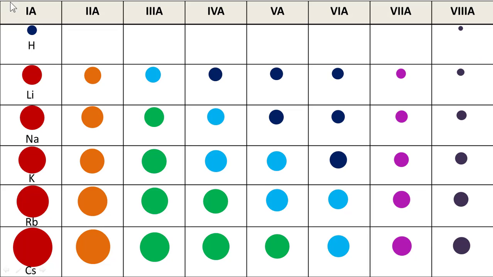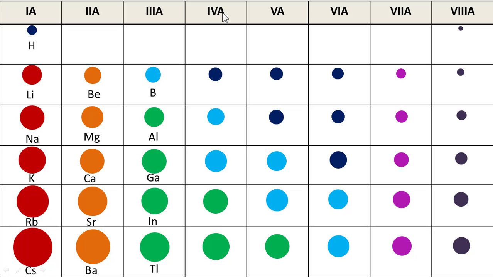Okay, group 1A: hydrogen, lithium, sodium, potassium, rubidium and cesium. You need to remember the most common elements in each group. So in group 1A we remember hydrogen, lithium, sodium and potassium. In group 2A we learn beryllium, magnesium, calcium and barium. In group 3A, we should remember aluminium.